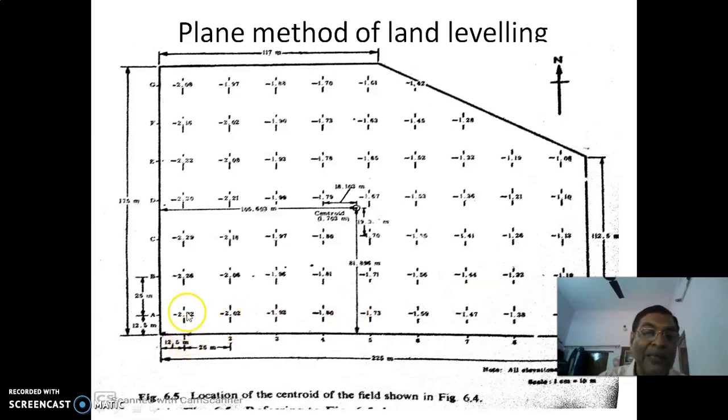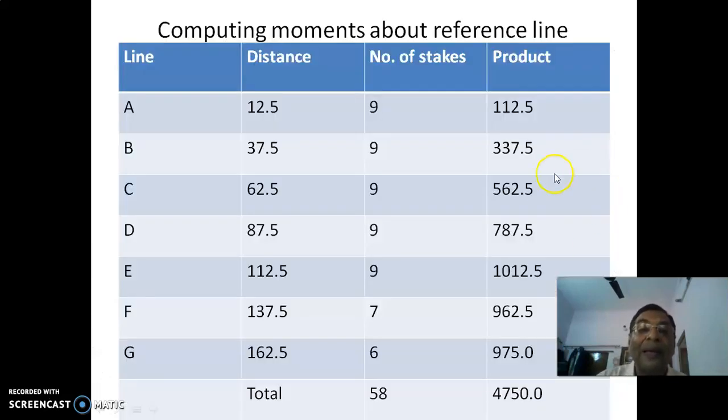How many points are there? Stakes, we call them stakes. 1, 2, 3, 4, like that. There are 9 stakes. The line A is at a distance of 12.5 meters from the reference line.